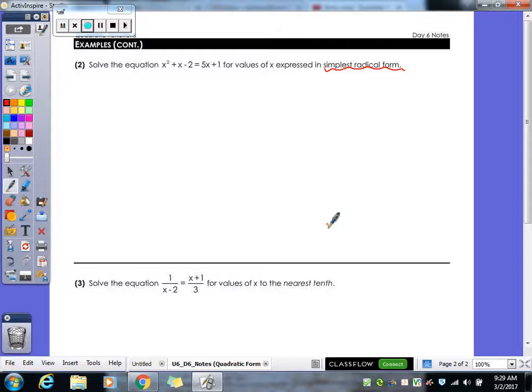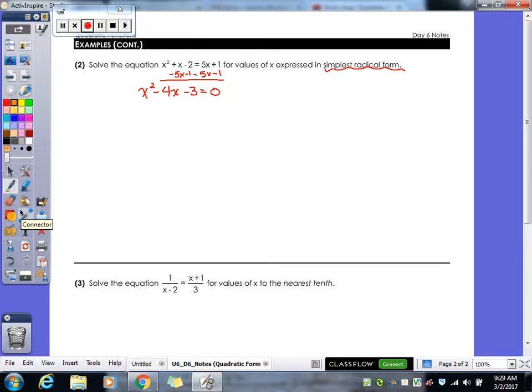So first thing we have to do is get this into standard form. So I'm going to subtract my 5x from both sides and subtract my 1. So that gives us x squared minus 4x minus 3 equals 0.